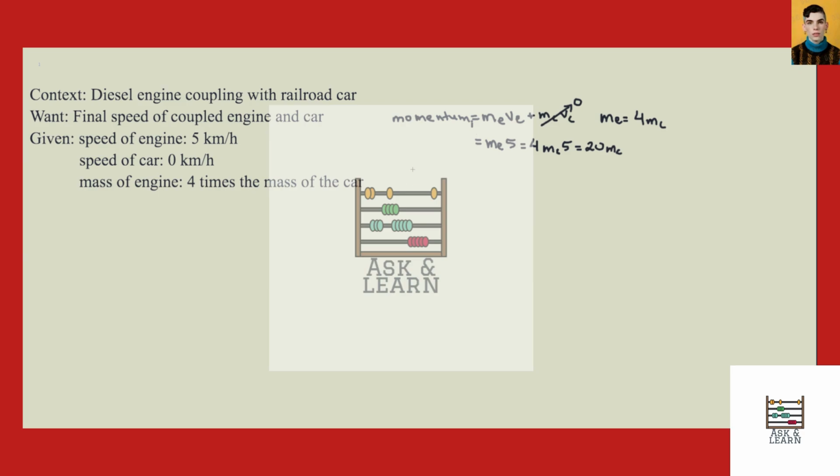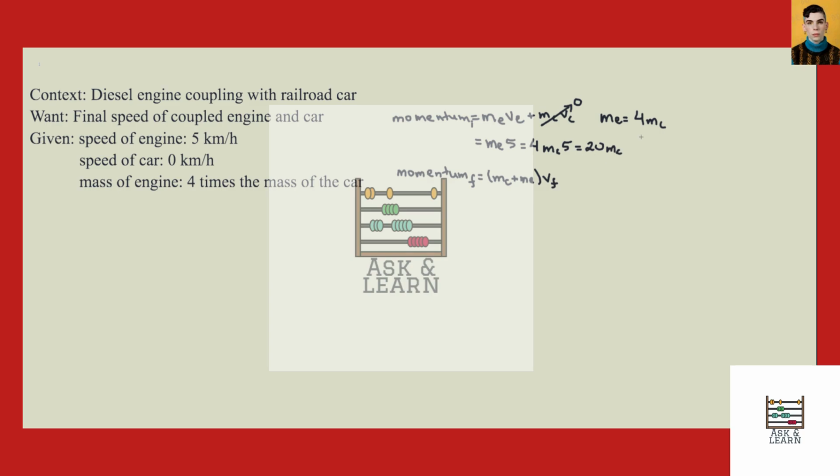Now let's calculate the final momentum. Momentum final. And this is going to be equal to the mass of the car plus the mass of the engine, since they're coupled together, multiplied by the final velocity.